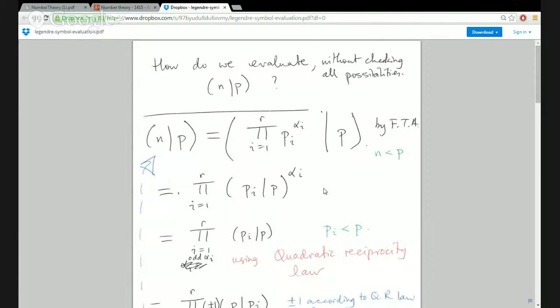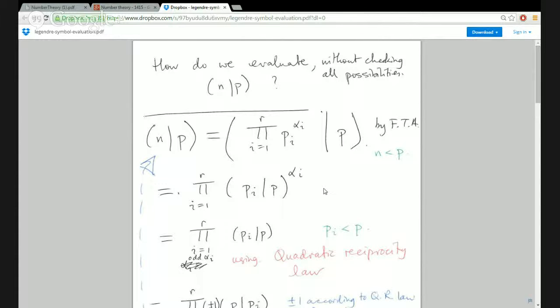So the general problem we're faced with is how to evaluate (n/p). Somebody gives you a huge prime number p, a huge number n, which isn't obviously a square integer. How the heck do you decide whether that number is a square or not? Now, you could just run through all the possibilities.